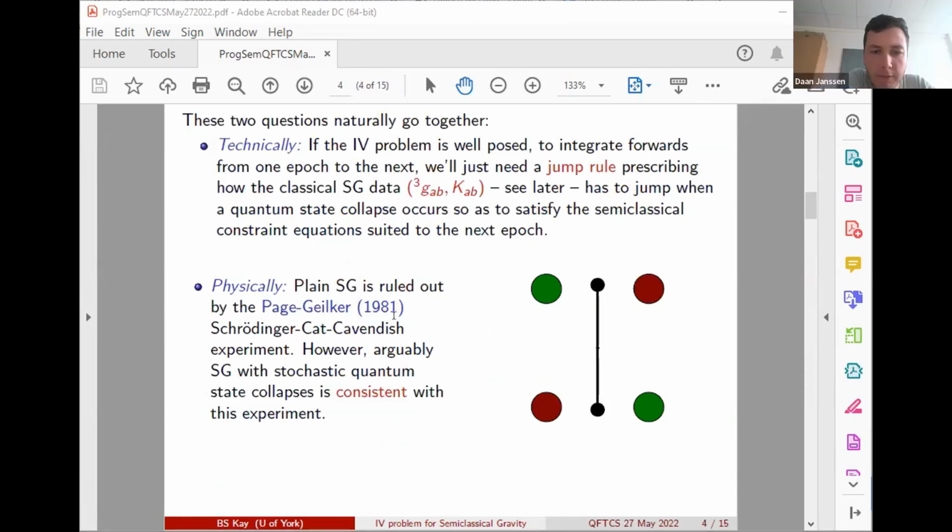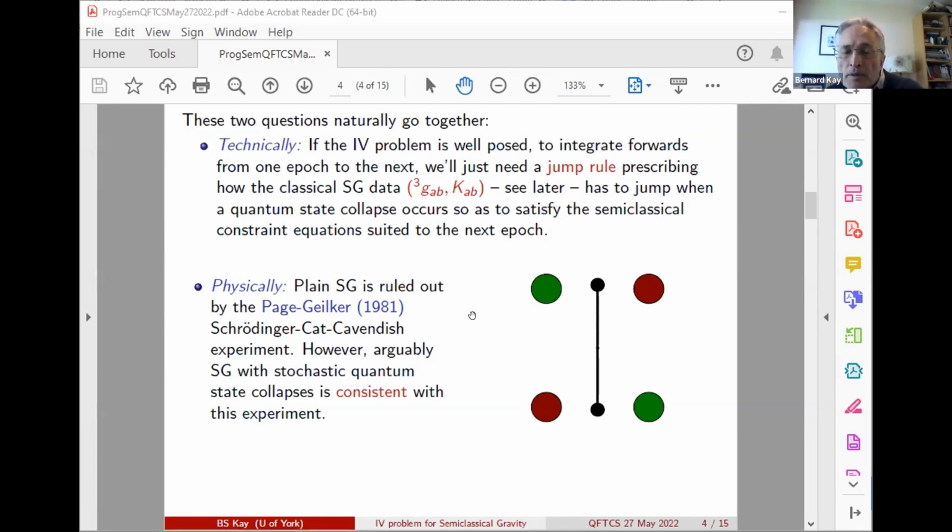But you say if you have collapse, you can somehow use those constraints, so I guess also conservation of the total stress tensor, to fix how your initial data should be. Well, the stress energy tensor won't be conserved. It doesn't even make sense to talk about what it would mean for it to be conserved on a collapsed surface.